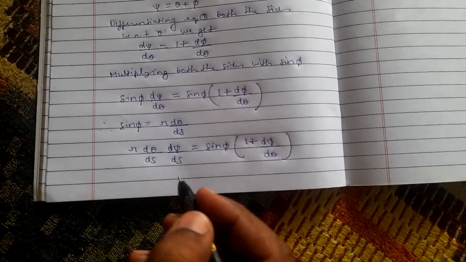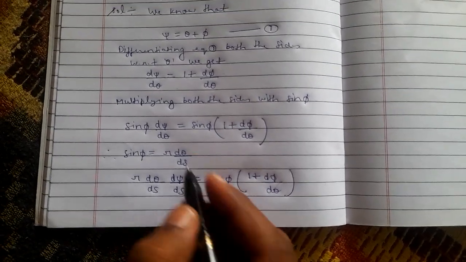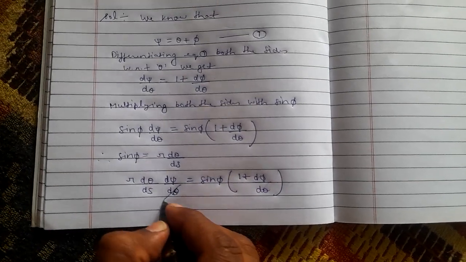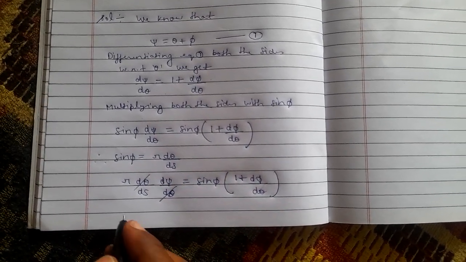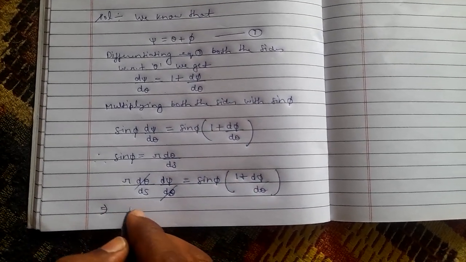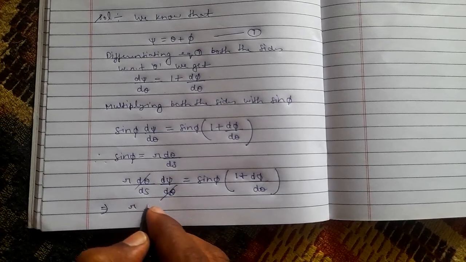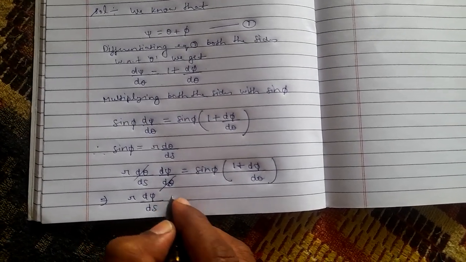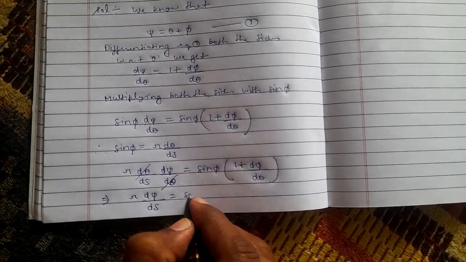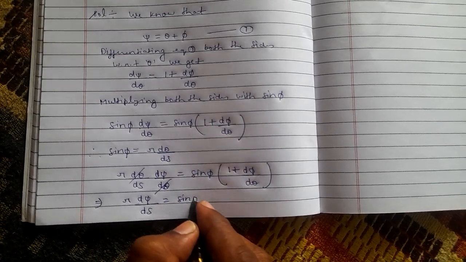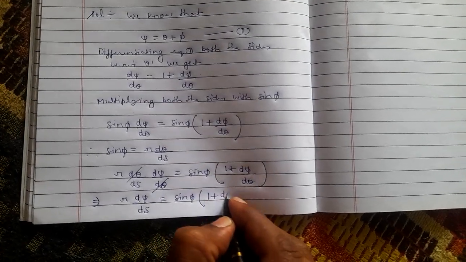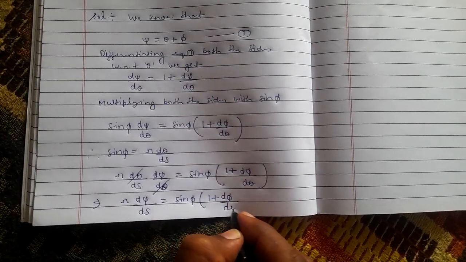And from here, d theta cancels with d theta. Then we get r into d psi upon ds is equal to sin phi into 1 plus d phi upon d theta.